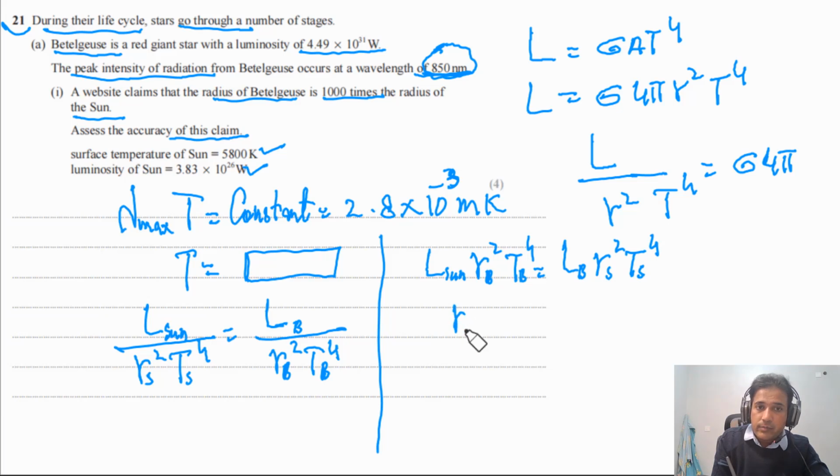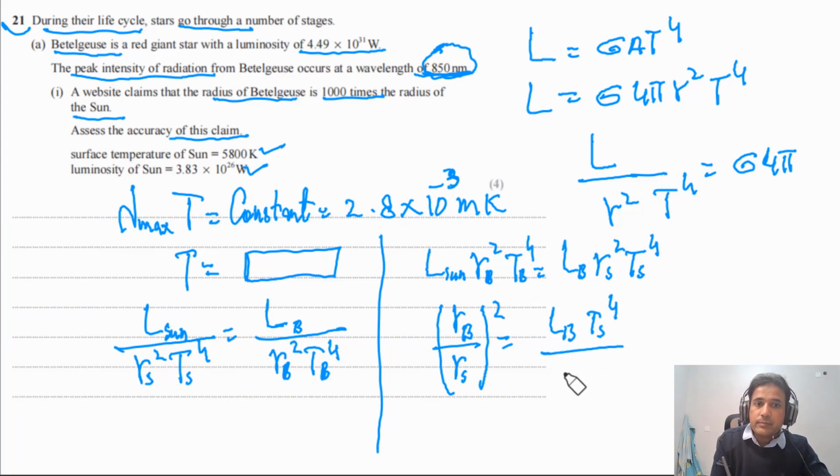So we can say from here (RB over RS) squared, so we have the square here, has to be equal to LB TS to the power of 4 divided by the luminosity of the Sun times the surface temperature of Betelgeuse to the power of 4.